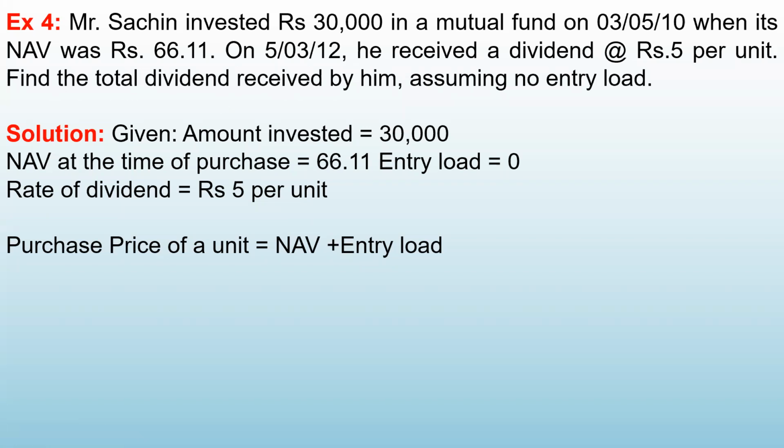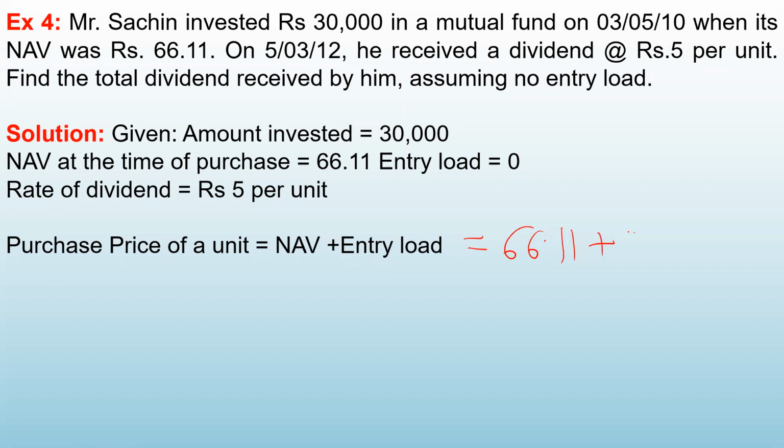Okay, so first of all we have to find out the number of units purchased, correct? To find the number of units purchased, we need to find the purchase price of a unit. So what is the purchase price of a unit? It is NAV plus entry load, correct? What is the NAV at the time of purchase? It is 66.11. What is the entry load? There is no entry load.